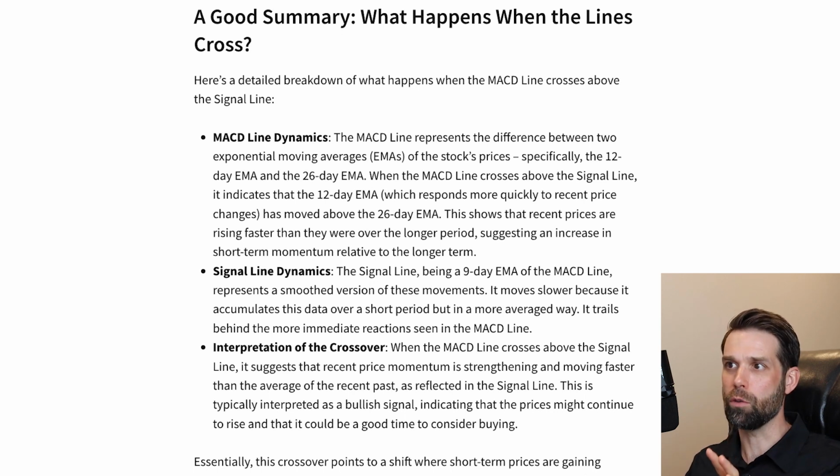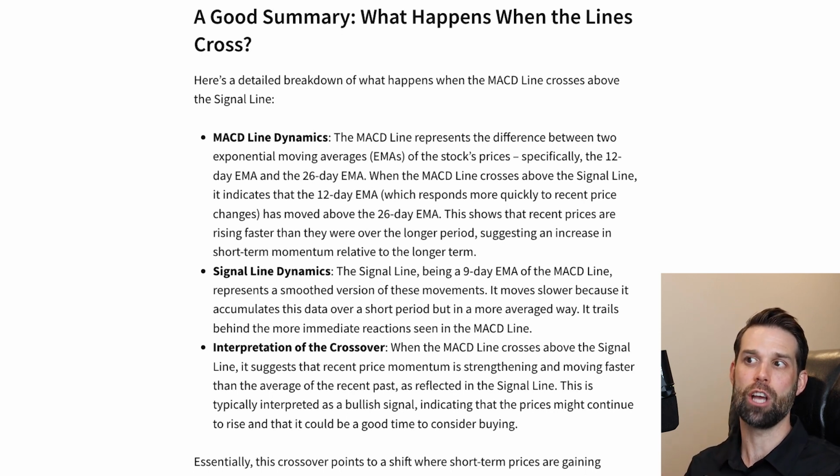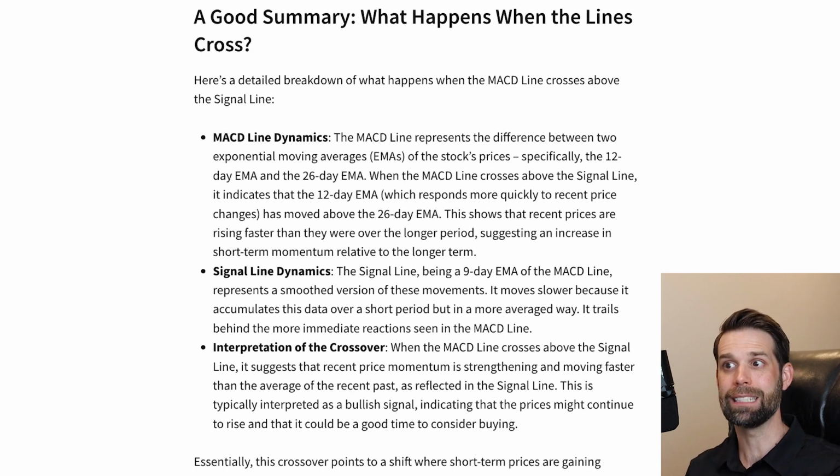But when there's a crossover, when that MACD line crosses above that signal line, as we saw in the chart, it suggests that the recent price momentum is strengthening and moving faster than the average of the recent past, as reflected in that signal line. And this is typically interpreted as a bullish signal, indicating that the prices might continue to rise, and that could be a good time to consider buying.